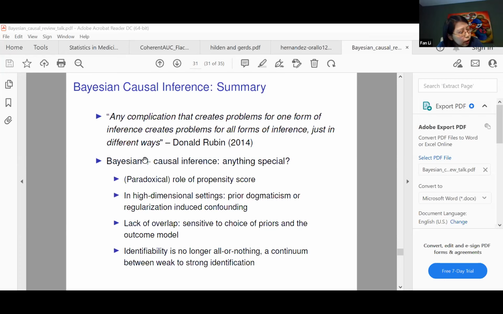Also, as I mentioned earlier, incorporating advanced models like spatial or temporal models, or time series, is not as simple as imposing a Bayesian model and then calling the coefficient of a covariate the causal effect. It's usually much more complex than that. There are a lot of issues and a lot of things still need to be done.